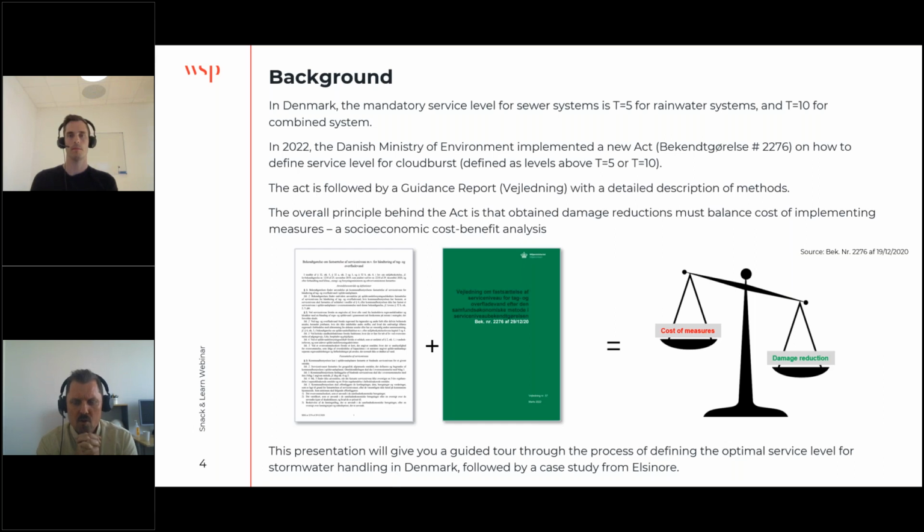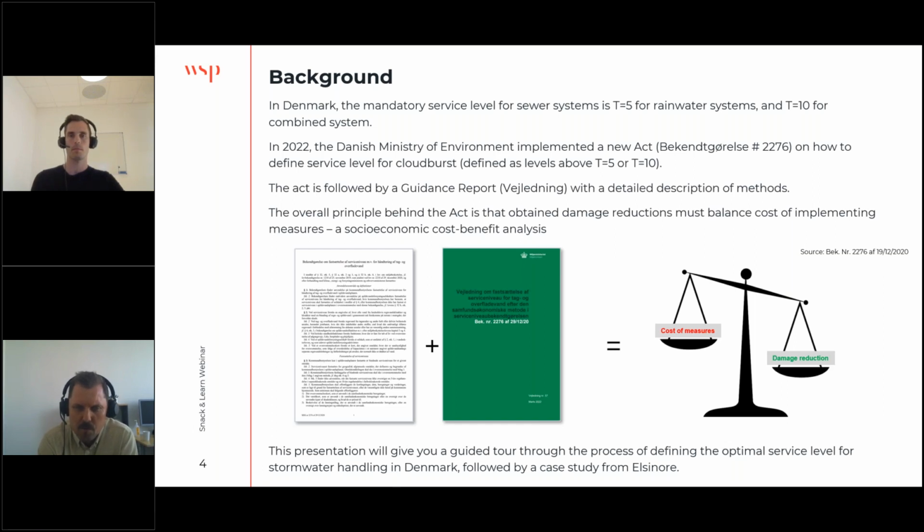So which service level would be the optimal for stormwater handling? In 2022, the Danish Ministry of Environment implemented a new act on how to define the service level for cloudburst. And that is defined as a service level above T5 and T10. And this act is followed by a very detailed guidance report that described the method.